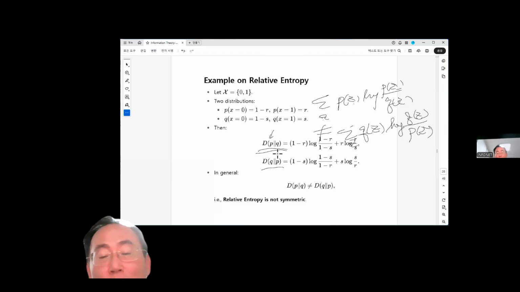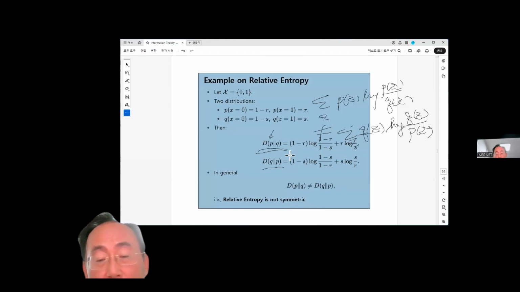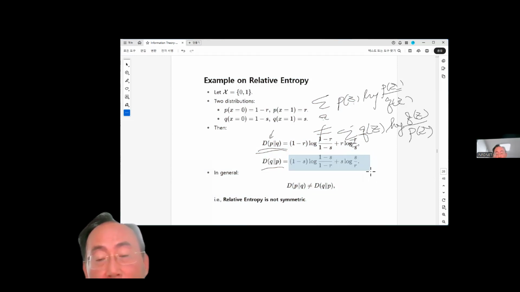Then basically that is the result for relative entropy of P and Q, and that is the result for relative entropy of Q and P, right? So these are all functions of r and s, okay, as you can see.